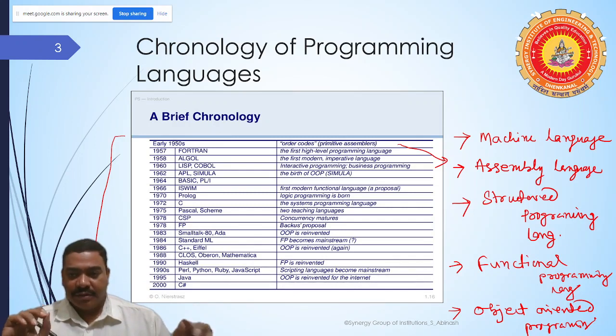Whenever we are thinking of a particular application, which programming language will be suitable can be found out by analyzing a number of parameters, and those parameters we are going to discuss.